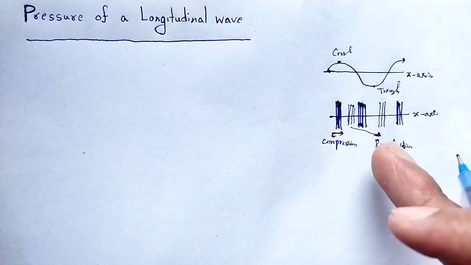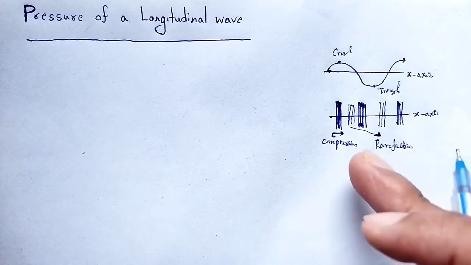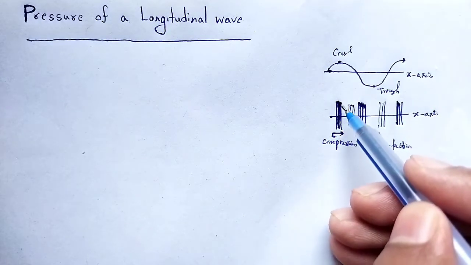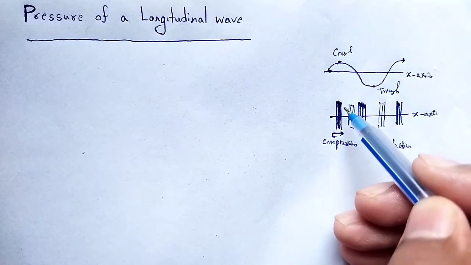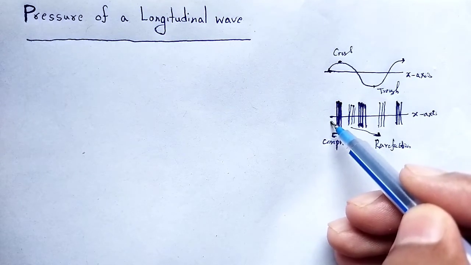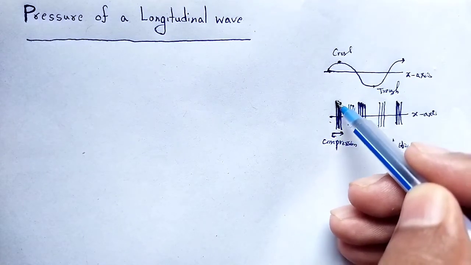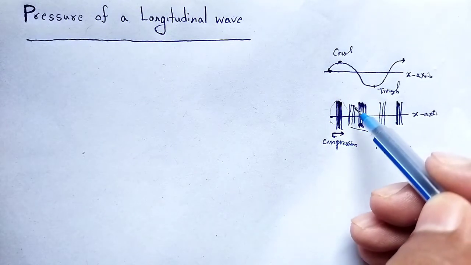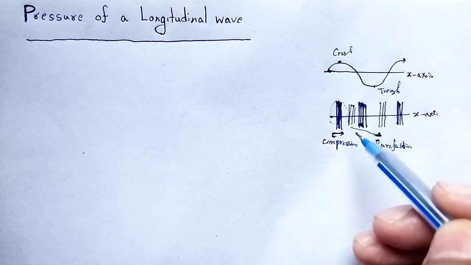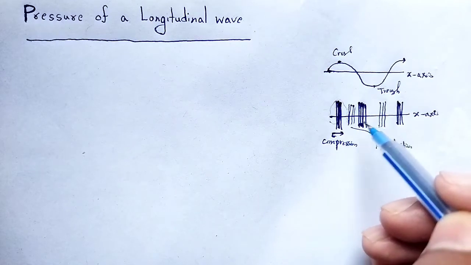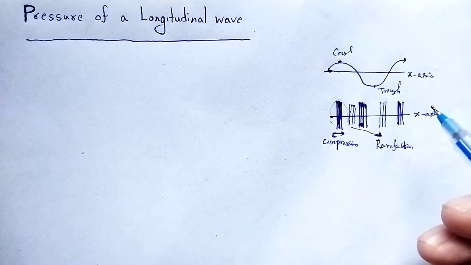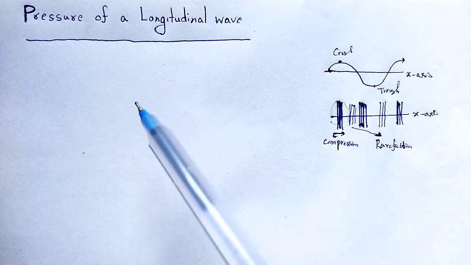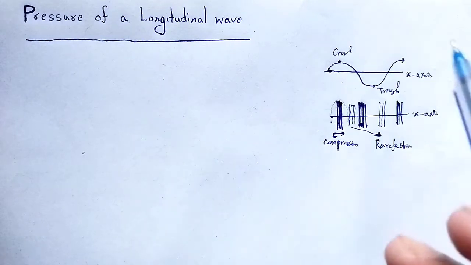Here, variation of pressure takes place, as the number of particles vibrating in one region is high compared to the number of particles vibrating in that region. So there will be a variation in pressure. Let me calculate the pressure in the case of longitudinal waves.